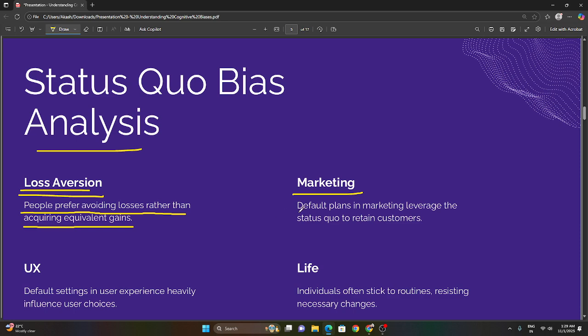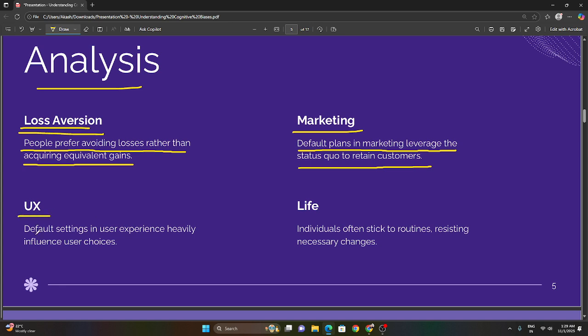In marketing, default plans leverage the status quo to retain customers. In UX, default settings heavily influence user choices. In life, individuals often stick to routines, resisting necessary changes.